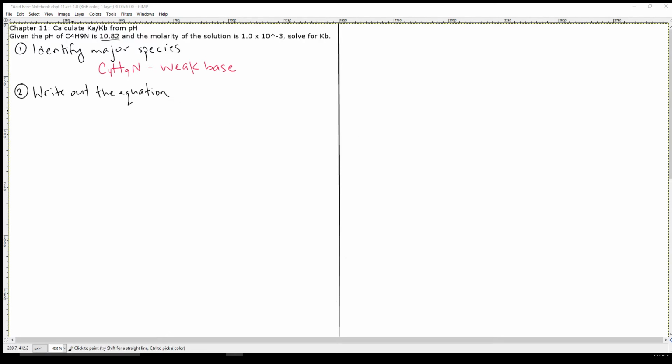So let's try building this out. We'll start with our weak base. I'm going to leave some space here because we might add some things to it. It is weak, so what kind of arrow do we use? Double-sided arrow. And we know it's a base. So what do bases do? Do they accept protons or do they release protons?